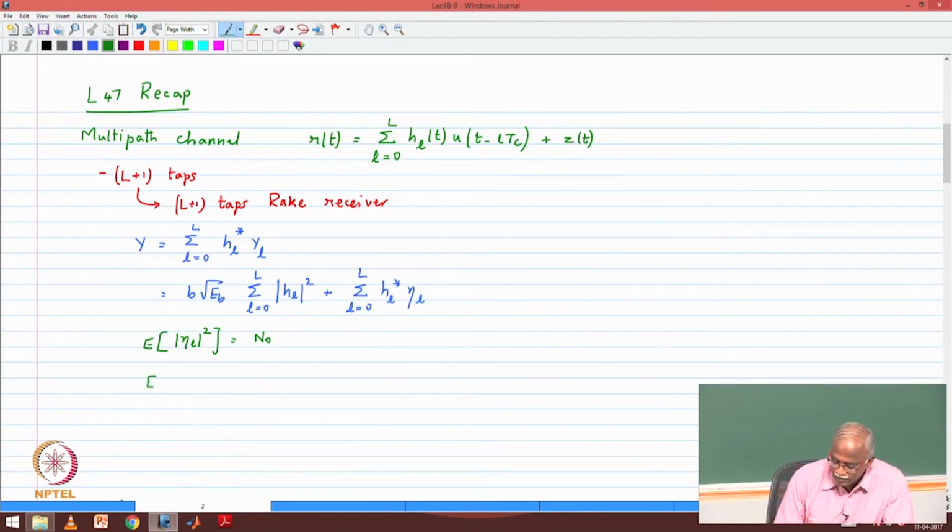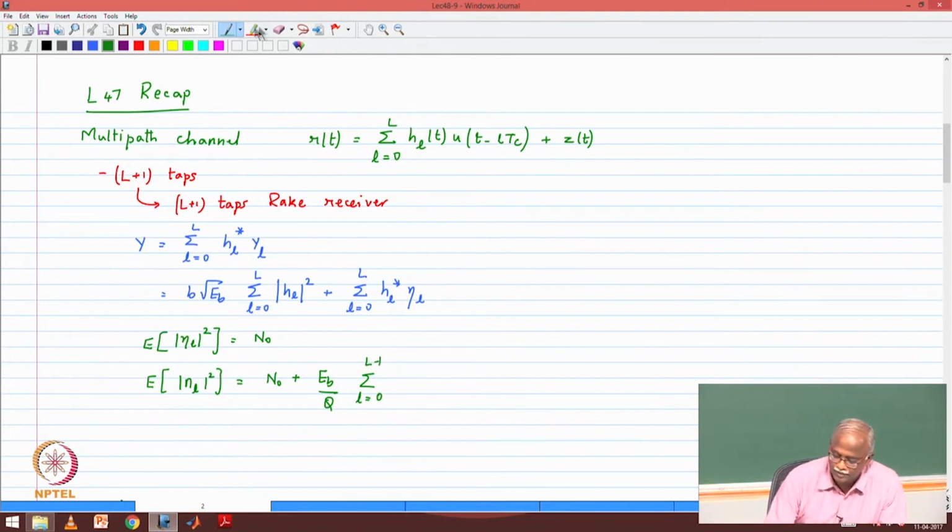So the expected value of n_l squared, where one is eta and the other one is l, will be N naught plus E_b divided by Q times a summation.